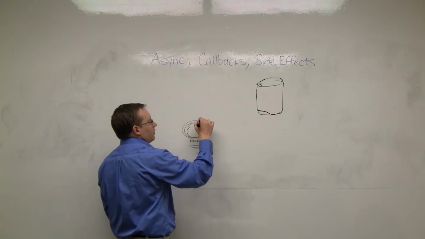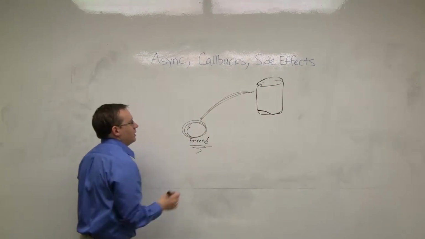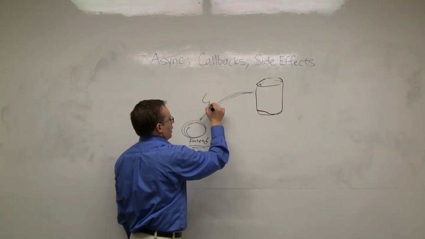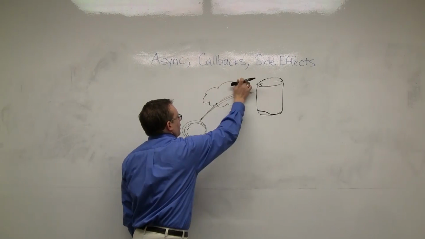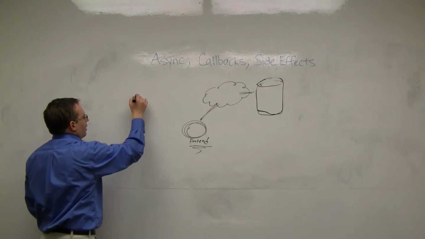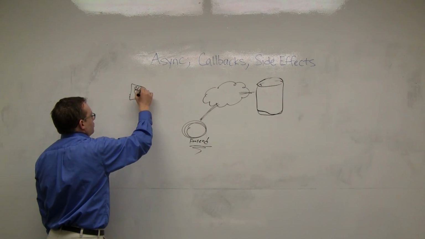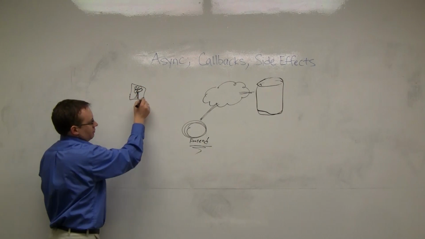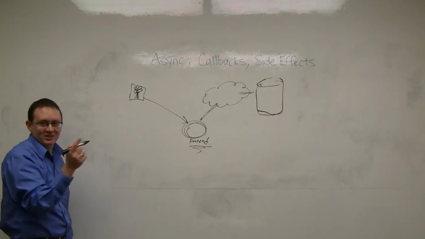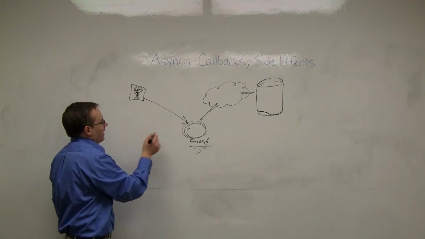And then we have a network connection in between. The cloud, right? Yeah, the cloud. And then we've got other resources over here. Maybe we've got an image that loads from some image site. It's a tree.